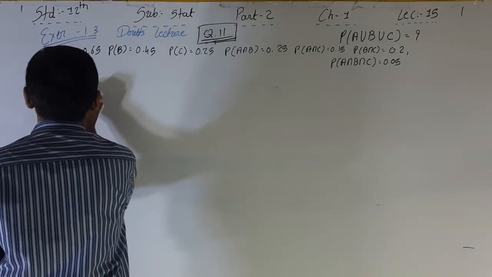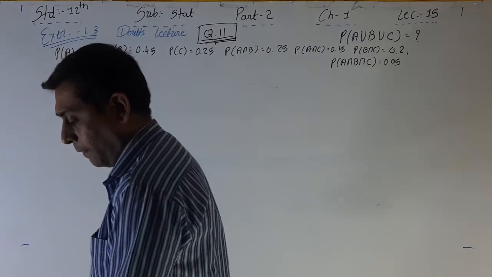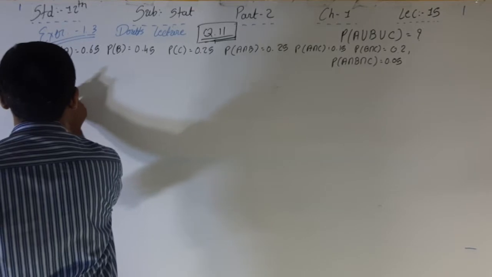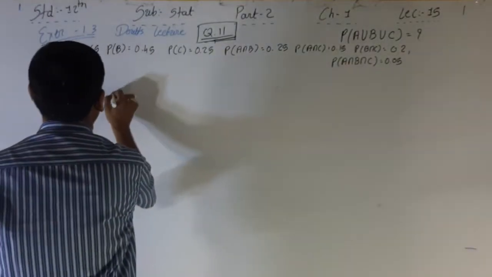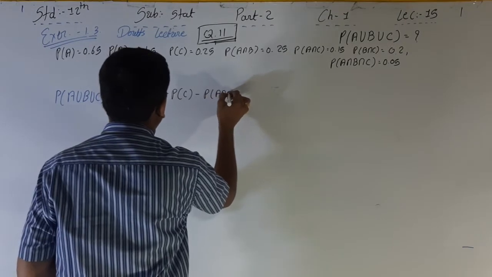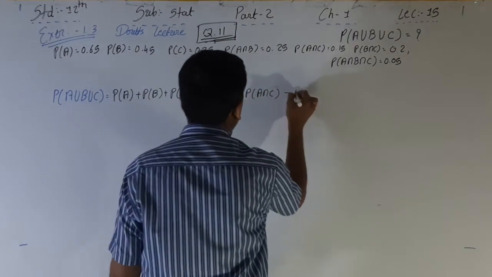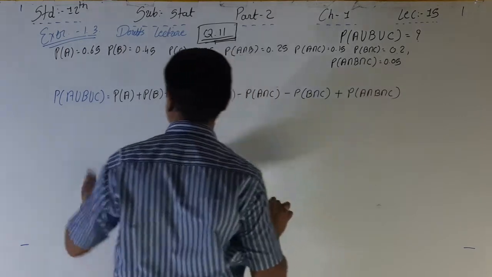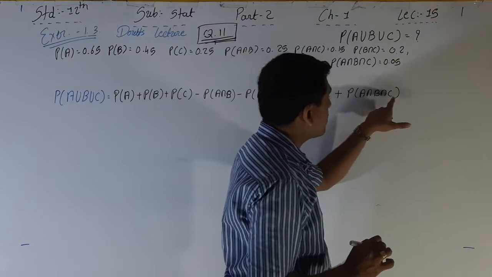The formula is P of A plus P of B plus P of C minus P of A intersection B minus P of A intersection C minus P of B intersection C plus P of A intersection B intersection C.